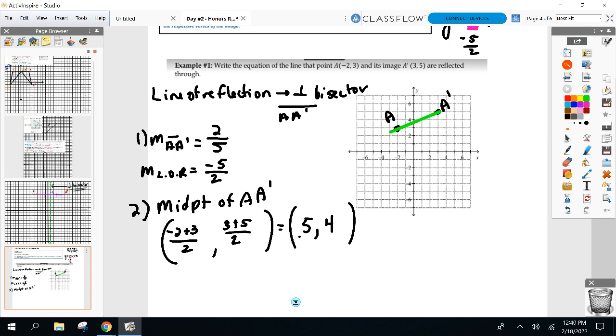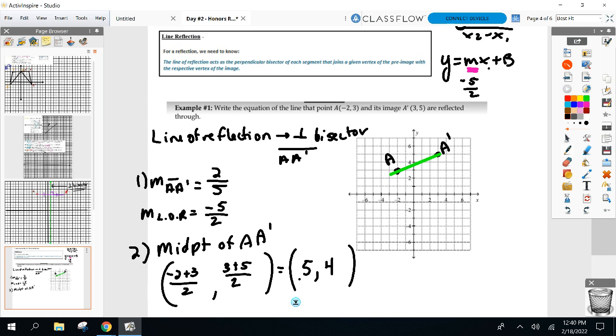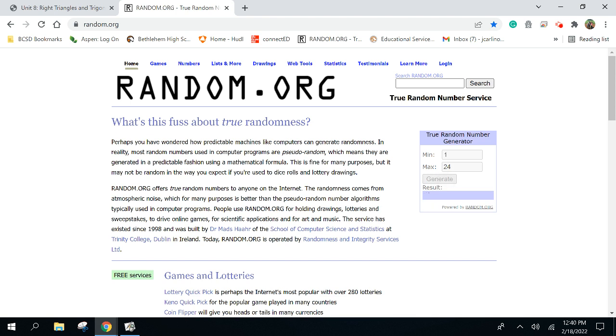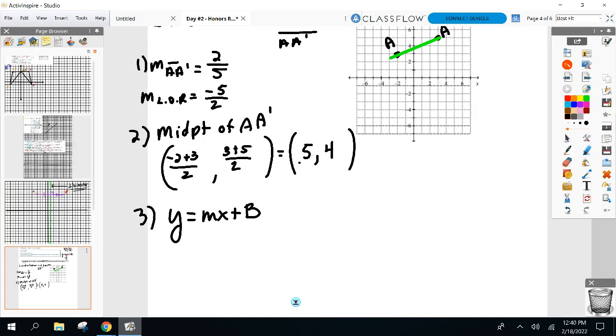Now take it, plug it into y equals mx plus b, and let's solve for that y-intercept now. Y equals mx plus b. What should I be plugging in for y? Go back to the midpoint. What are you going to plug in for y now? 4.